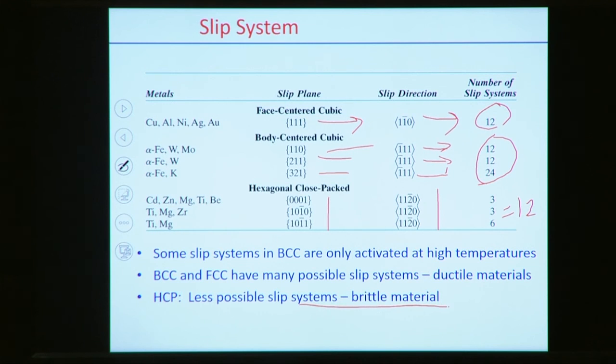If there are several possible slip systems, the deformation can be oriented in any direction. But if there is a restricted number of slip systems, then the deformation happens within the restricted systems itself. So the capacity for plastic deformation with a restricted number of slip systems is less. So that type of material is actually brittle in nature.